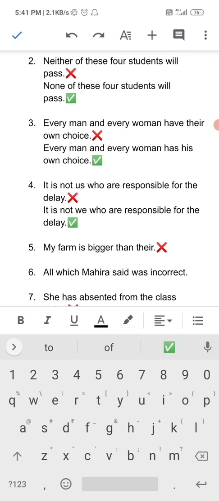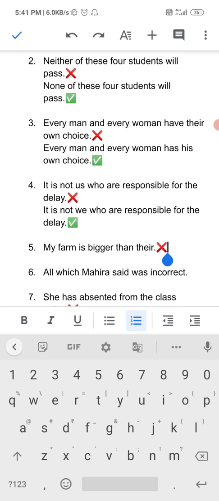This is correct. Question number fifth is my farm is bigger than their. Mind here, before the word farm, which is a noun, we have used an adjective my. So where is the noun of the word their?